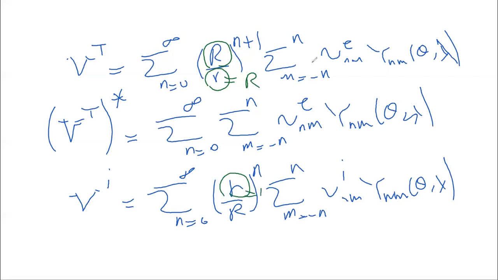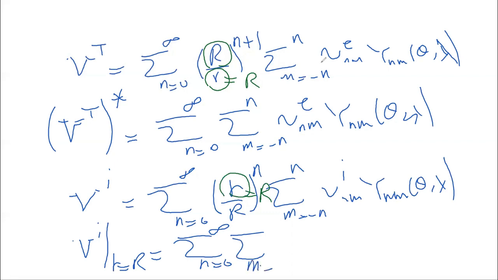Therefore, r should be equal to R. In this case, V internal at r equals R will be the summation 0 up to infinity, summation m from minus n to n, V_nm internal, Y_nm, theta and lambda. Good. We have an equation here.